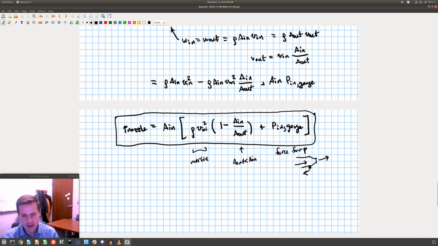This is kind of like what happens with a bottle rocket, where something shoots out and it pushes back that way. So that term will actually decrease the force I need. If I make my A out small enough, I can maybe make them exactly the same to cancel out. But it could be that my nozzle actually ends up pushing. I need to bolt it and push it in that direction if it's speeding up enough to go out there.